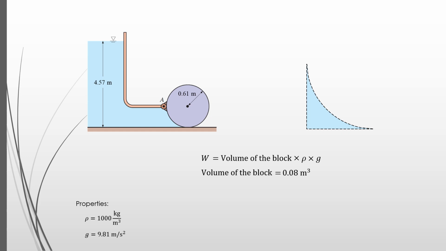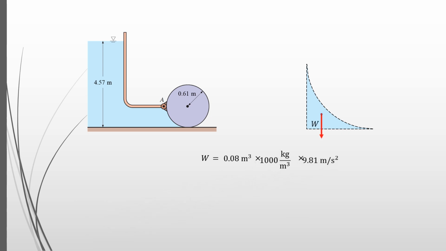Hence, the volume of the block is 0.08 meter cubed. Multiplying this volume with ρ and g, we obtain the weight of the fluid block, 784.8 Newton.